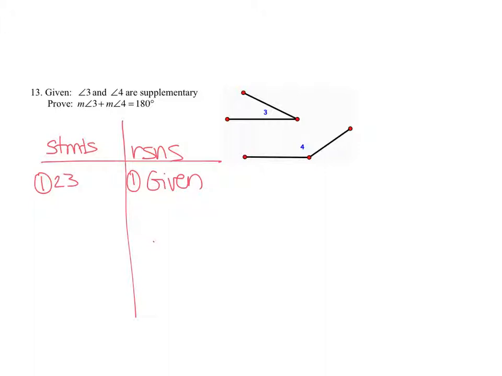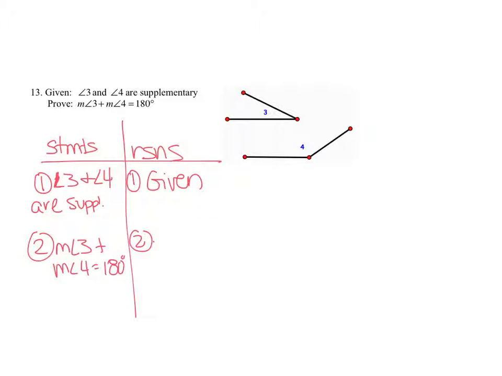That angle 3 and angle 4 are supplementary, and I use SUPPL for supplementary. The measure of angle 3 plus the measure of angle 4 equals 180 degrees. That is by definition of supplementary.